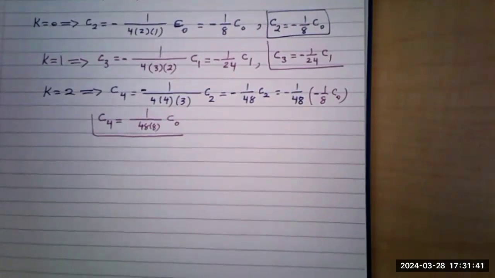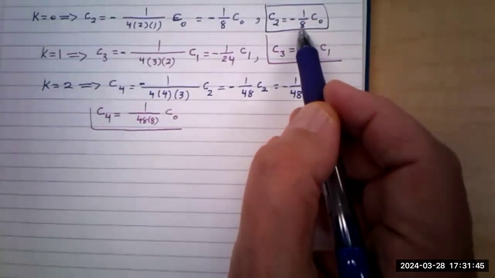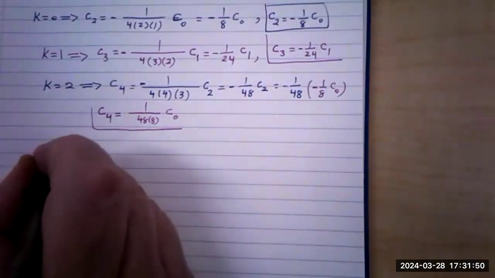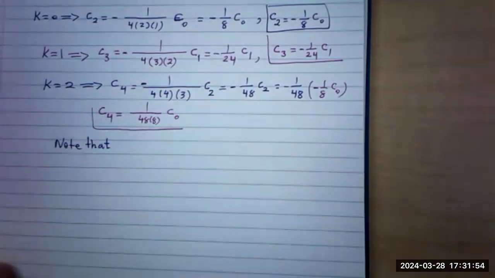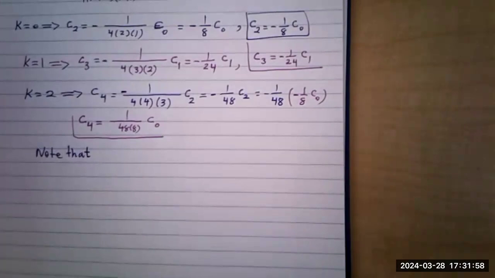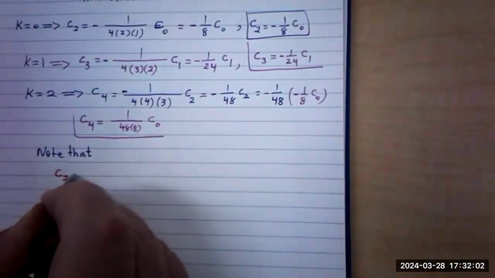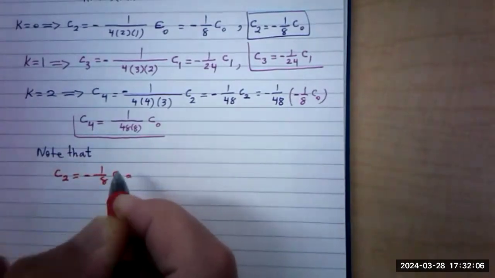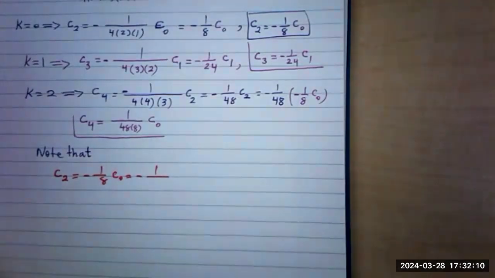If you want to find a relationship between these coefficients, you can start with the fact that, for example, 8 is nice, you don't have to, but I just want to give you this, because it's not going to be the case all the time. So what we did so far is you have your c_2, which is negative 1 over 8 c_0.